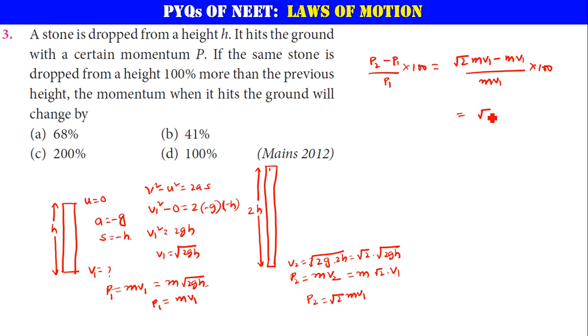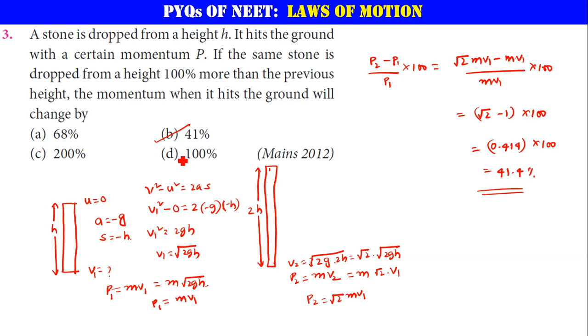You will get root 2 minus 1 into 100. What is root 2 here? 1.414 minus 1 is nothing but 0.414 into 100. Okay, so you just multiply with 100, then you get 41.4 percent. That is the answer. But here you don't have 0.4, but it is most related to the answer. So 41%.